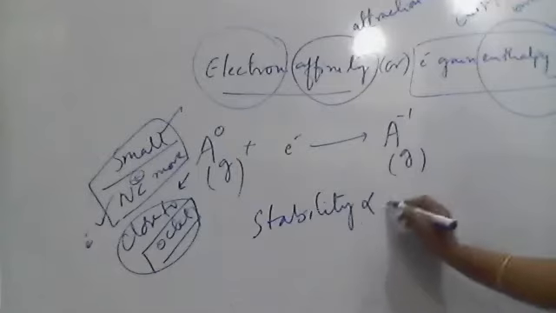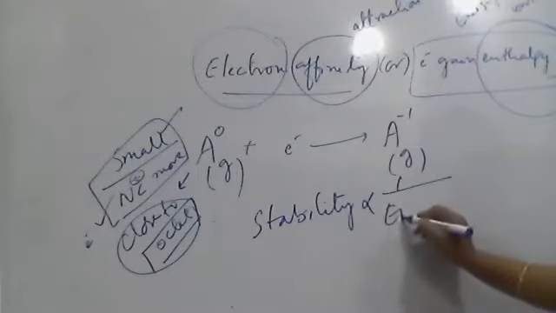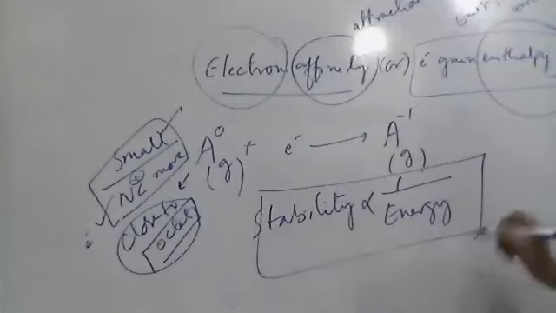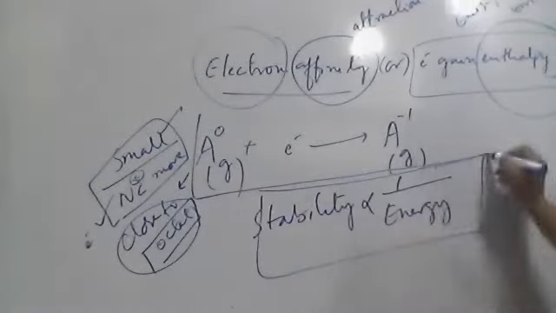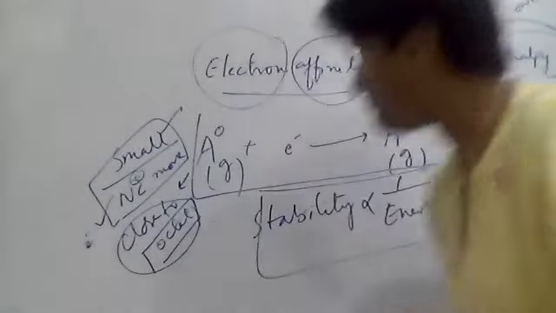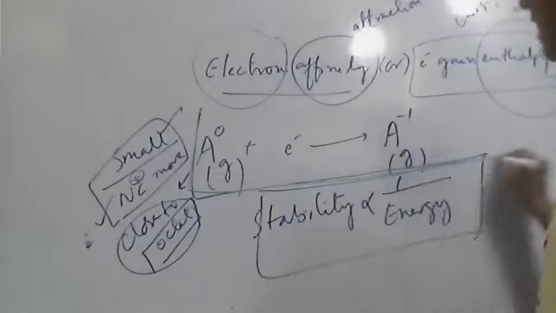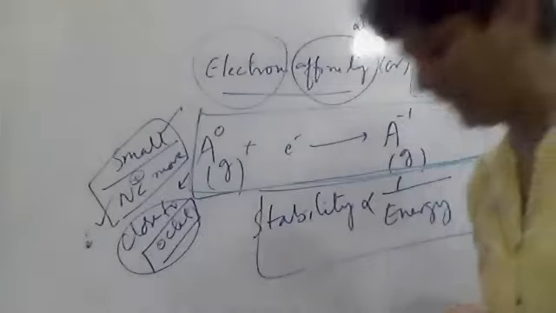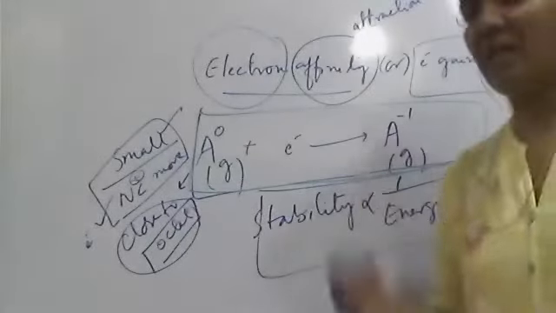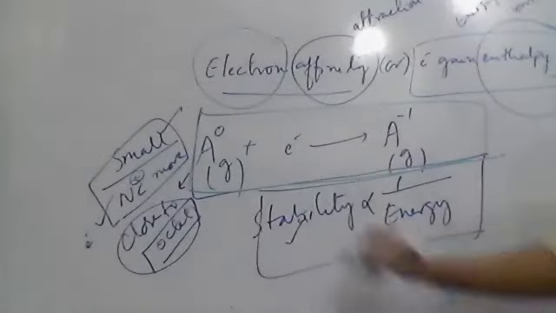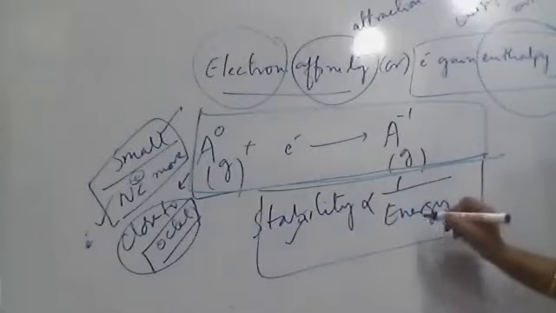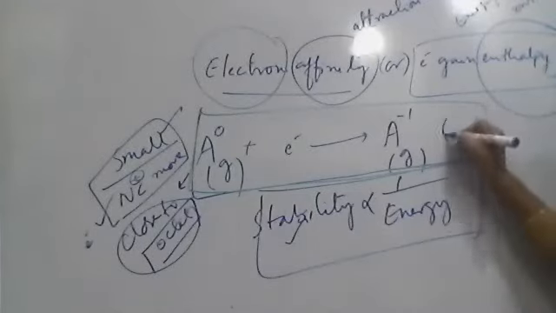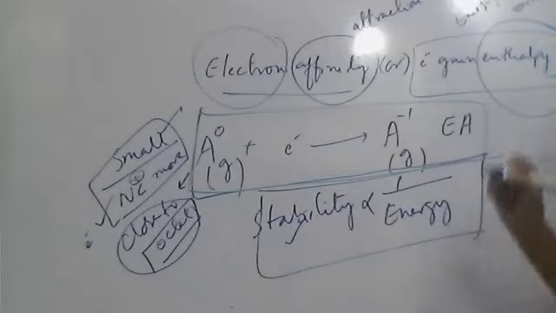So stability is inversely proportional to energy. So the small atoms which have more nuclear charge and require very few electrons to get octet readily accept electron and become stable. And when they become stable, they release energy. And in that case, the released energy is called electron affinity.